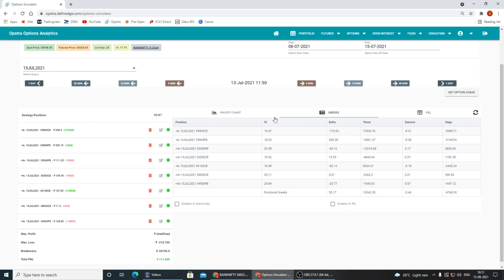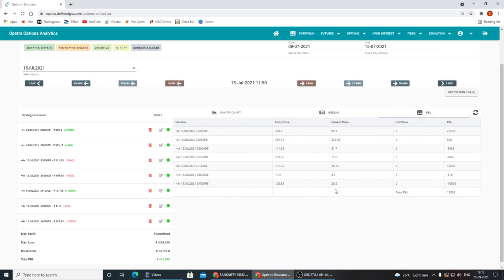Now the Bank Nifty has almost come back to 35,500. So now we are going to close the call which we sold and the 34,500 put. What is the price?